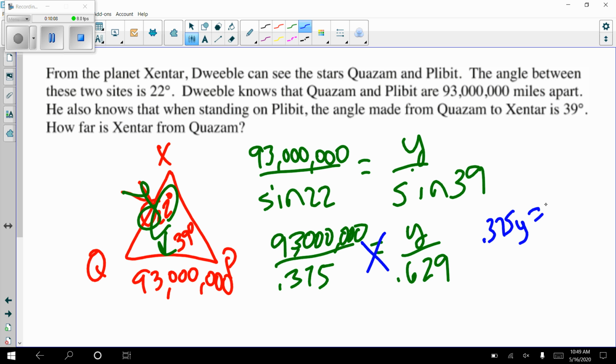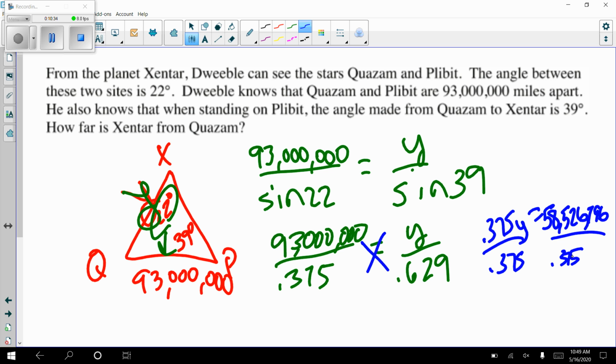let's see here. No, that's still quite the large number, if you ask me. 58,526,796. And I'm just going to leave it like that since it's such a big number. No sense dividing or putting decimals there for that big of a number. So I divide by 0.375 on both sides.